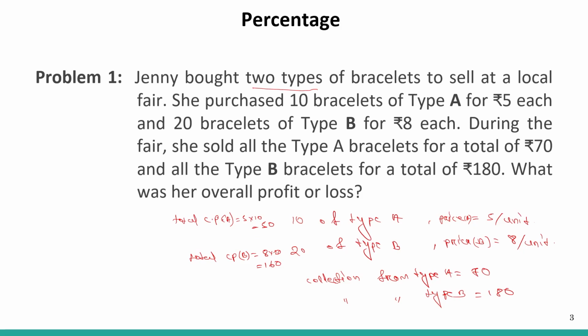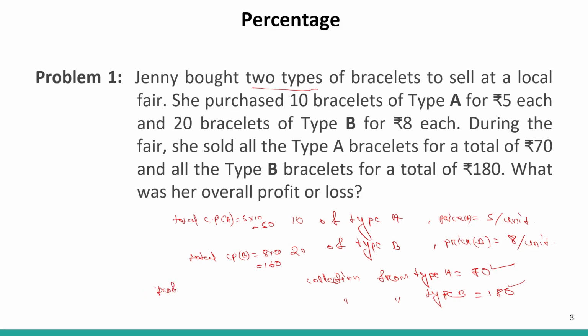For type A, she invested 50 rupees and got 70 rupees. And for type B, she invested 160 rupees and got back 180 rupees. So what we need to find is her overall profit or loss.